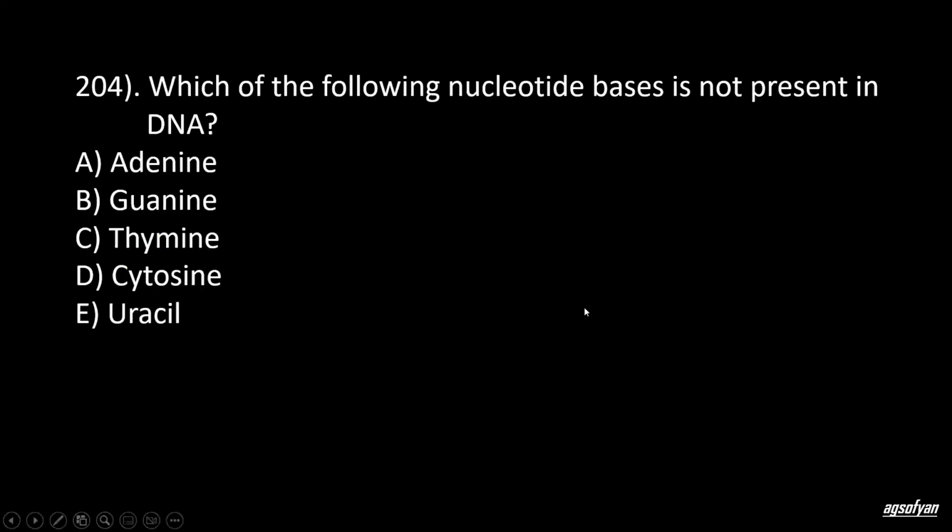Which of the following nucleotide bases is not present in DNA? Adenine, guanine, thymine, cytosine, or uracil? So we're going to list the bases for DNA, which are adenine, thymine, guanine, and cytosine.